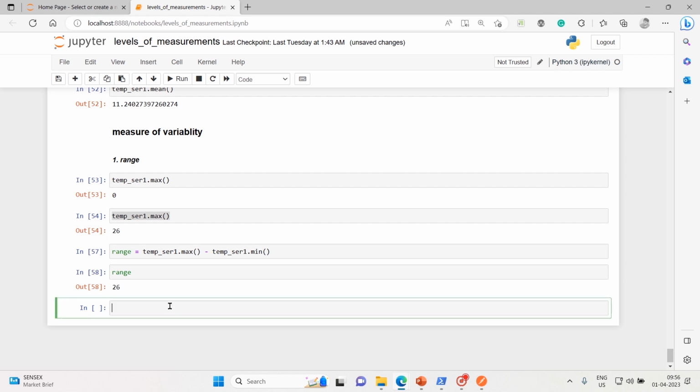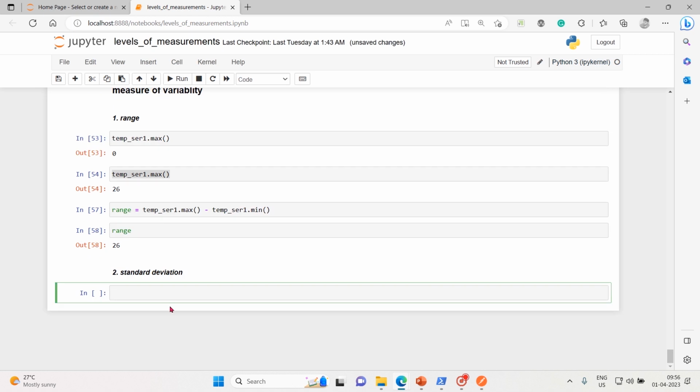So now let's look into the standard deviation. What standard deviation is, we will look into in detail in the statistics course, but for now we will just use a method from pandas to calculate the standard deviation.